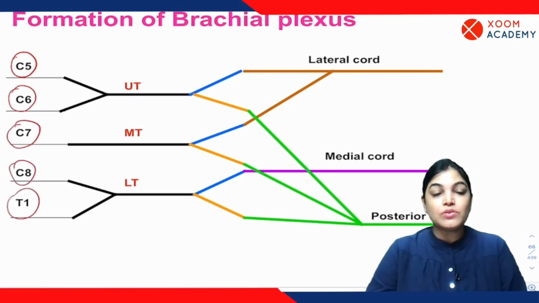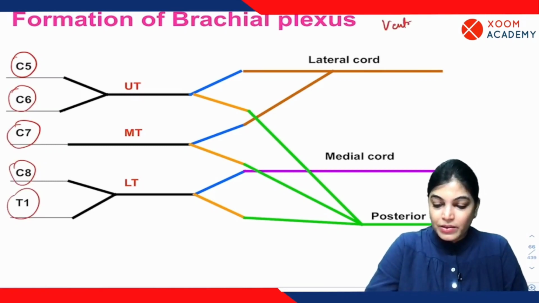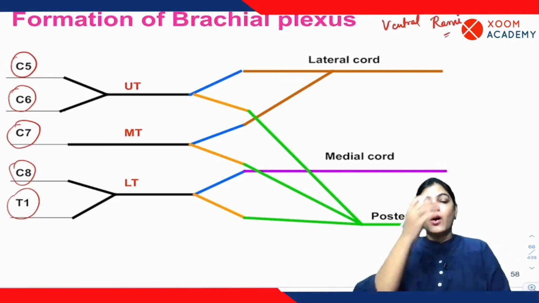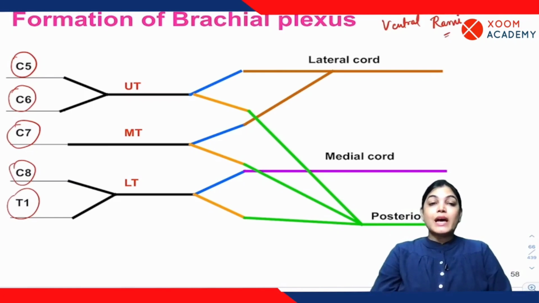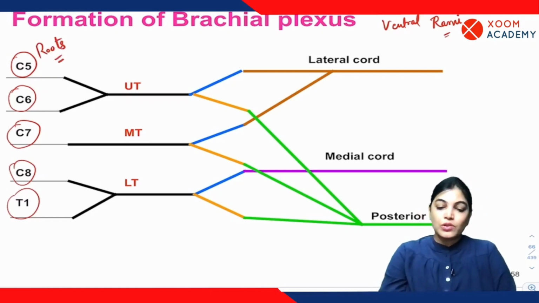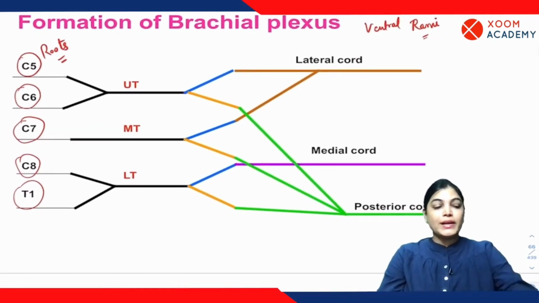The ventral rami, which means anterior rami, of the cervical nerves and the first thoracic nerve together form the roots of brachial plexus.